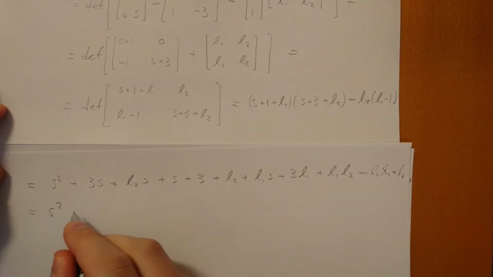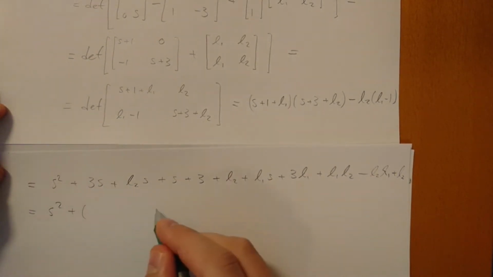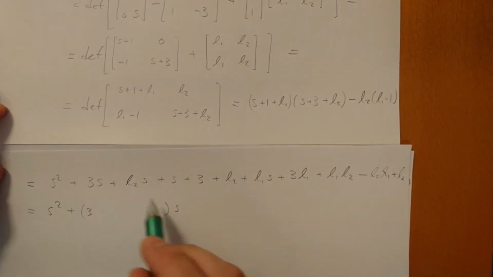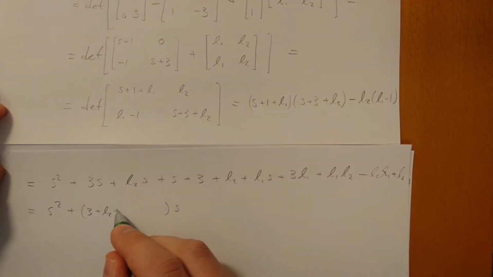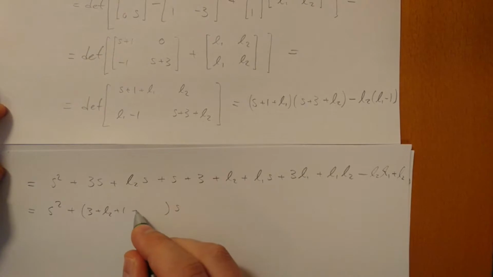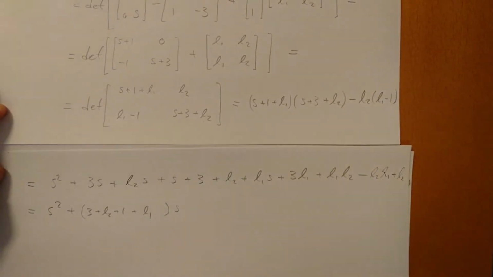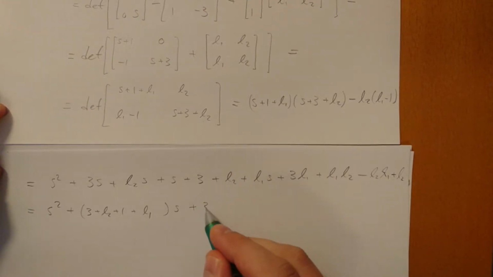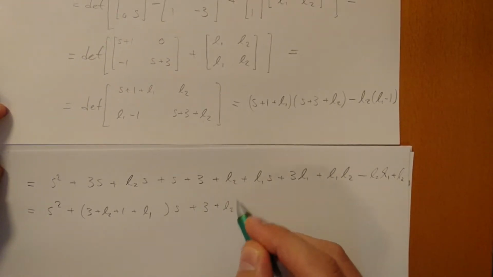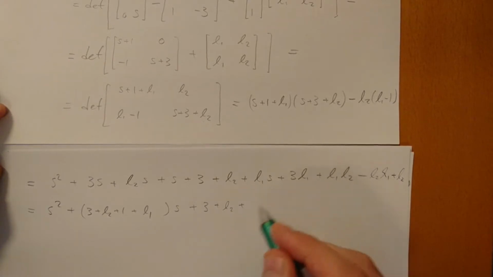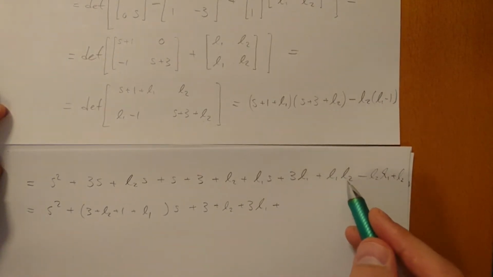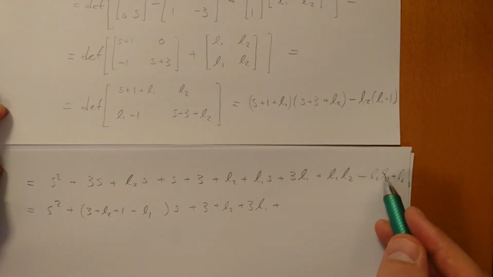So what do we get? We get s squared plus something times s. We have 3, we have L2, and we have 1, and we have L1. And then we have the constant terms, which are 3 plus 3 times L1 plus L1 times L2 minus L2 times L1.